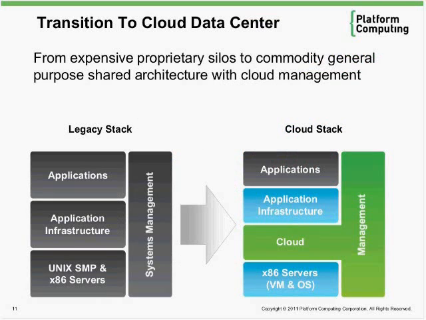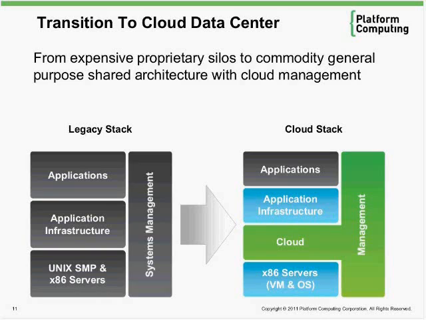So when I say cloud is new, this is illustrated in the IT stack here. The legacy stack is fairly simple. You have servers at the bottom that run applications, and there may be some application middleware or infrastructure in between, and then you have the traditional enterprise system management to run the whole environment.